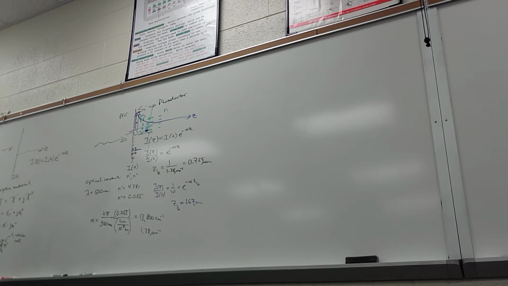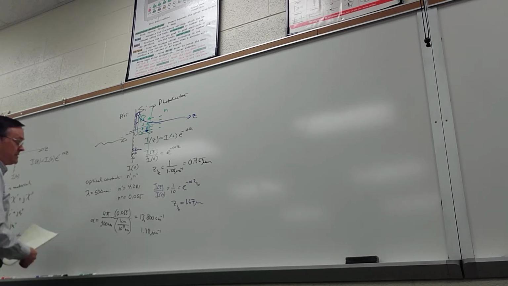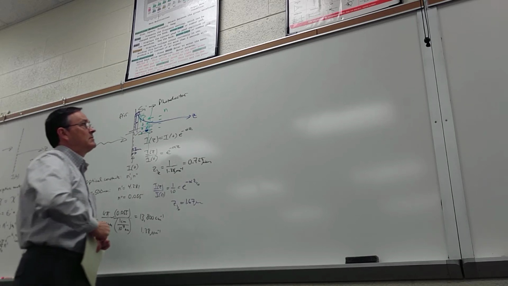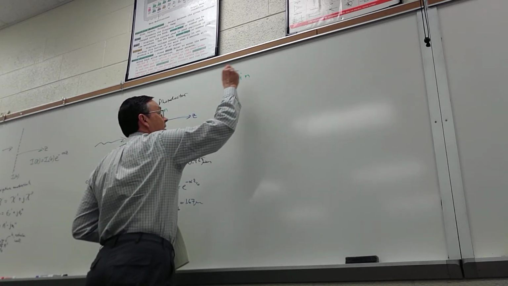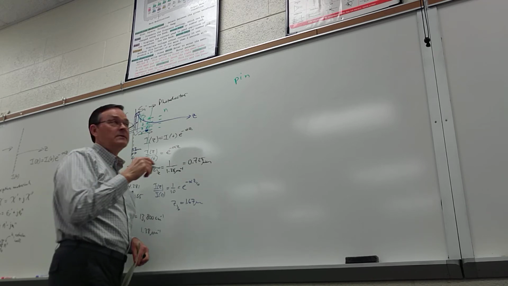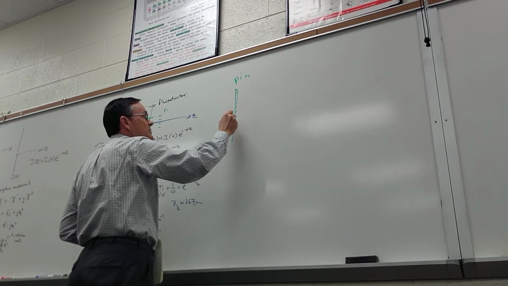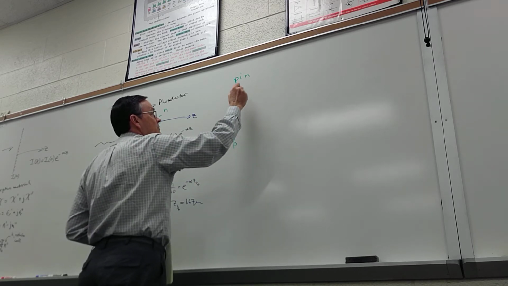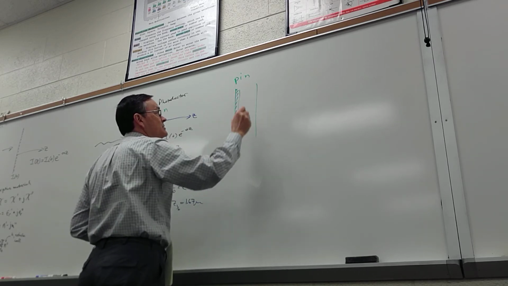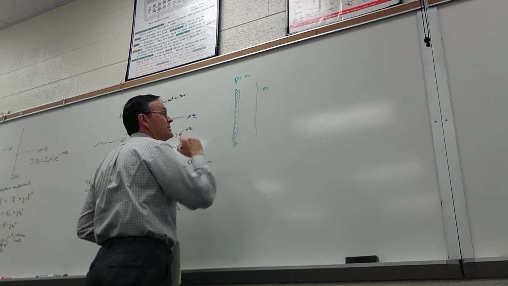Yes, that's right. So what you really want is a PIN photodiode. You have a P region here, then an intrinsic region, and then an N region here.